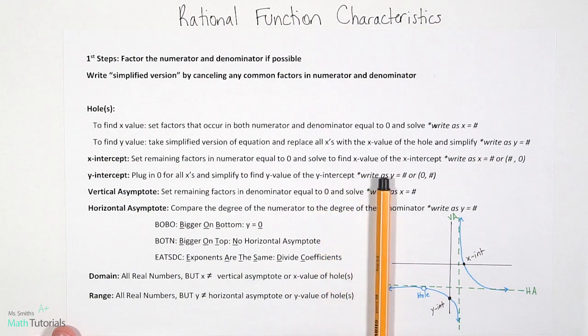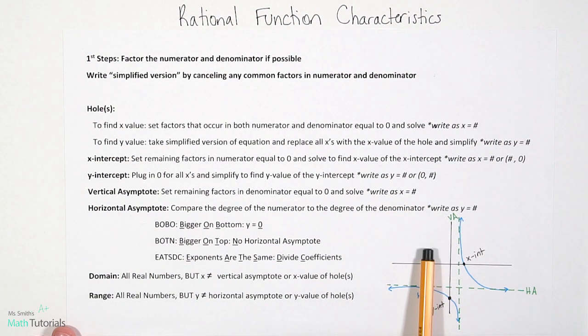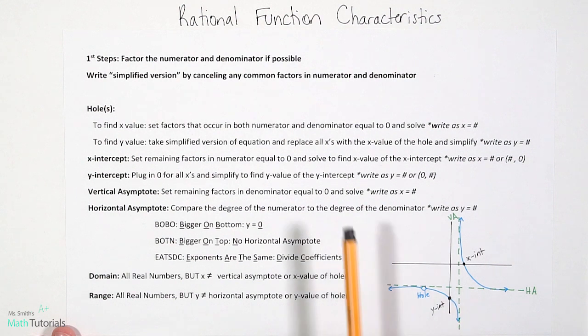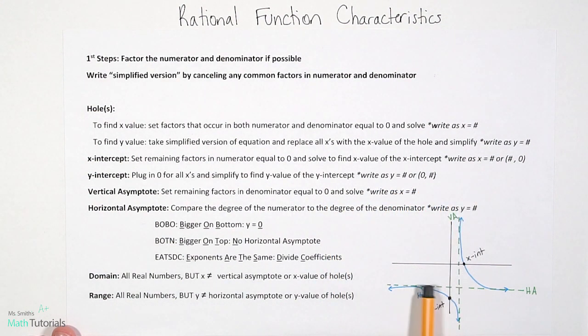So even though I hit an arrow there, which would mean negative infinity, I've got to be careful, because as I keep moving, look, there's this hole right there. And we've got to take that into account. And then if I keep moving even further, there's another gap here for this vertical asymptote. So there's a gap there and there that I need to account for. So that's why we say it's all real numbers, but x cannot be the x value of the hole, and it cannot be the vertical asymptote.